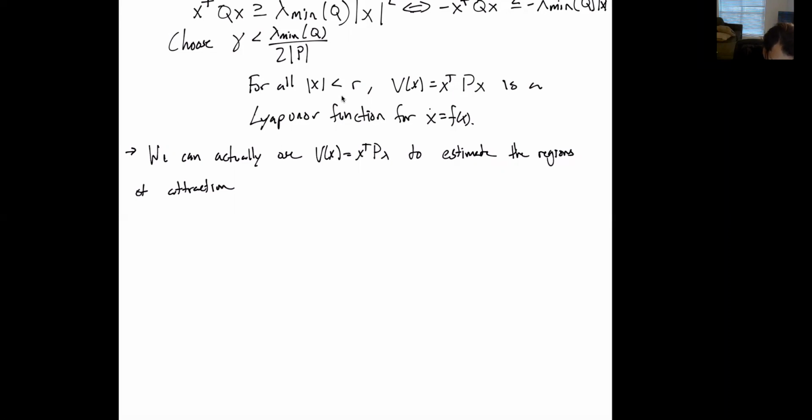And again, the region of attraction is the set of points about the equilibrium point that are guaranteed to converge to that equilibrium point.